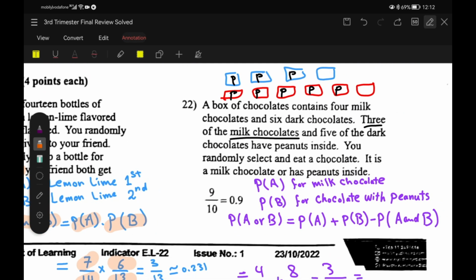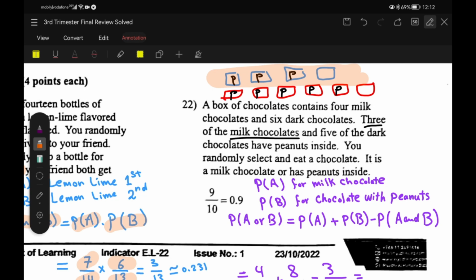Okay, for number 22. Examples like number 22 talk about dependent probability. Look at number 22. A box of chocolate contains 4 milk chocolates. Imagine that these four squares are for milk chocolates. And then he said, and 6 dark chocolates.